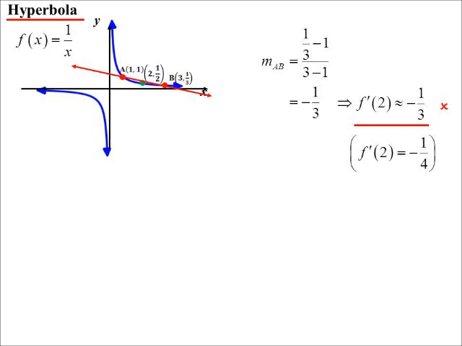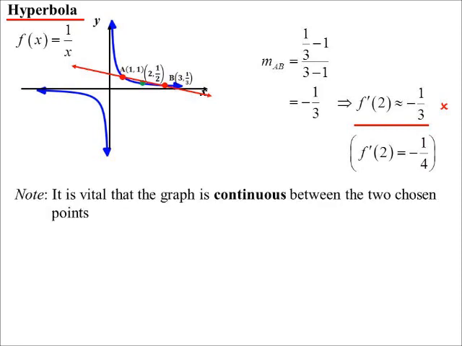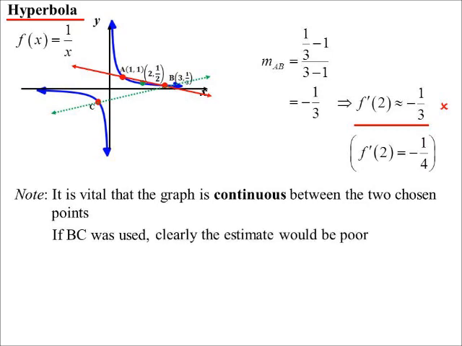Now, the other thing that's important, the graph also needs to be continuous between the two chosen points. Imagine on this hyperbola, I chose one on the right-hand branch and I chose another point on the left-hand branch. So if I used BC right there, well, I won't bother working it out, but you see that there's no way that's a good approximation for the slope of the tangent at x equals 2.